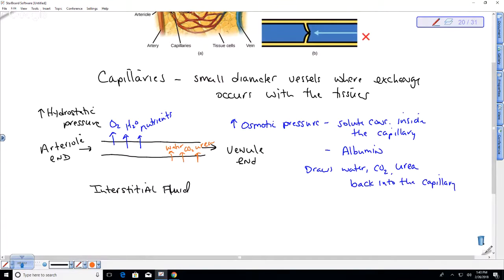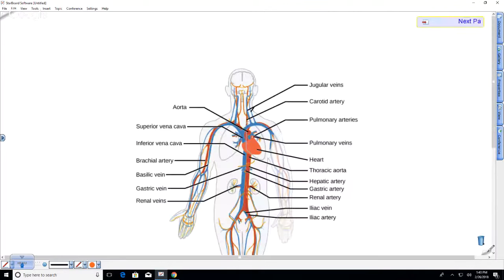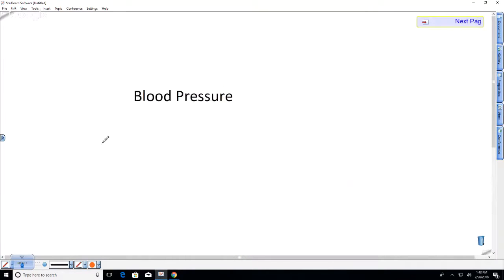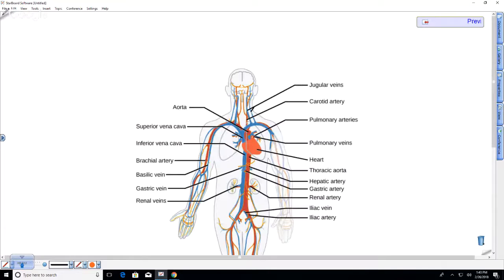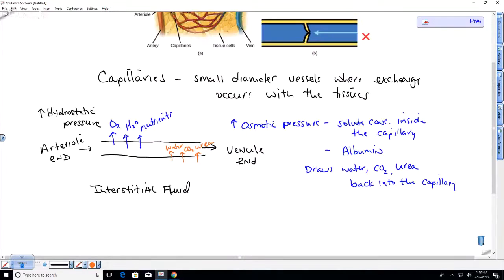So what happens if things do not get picked up? I'm going to write it down because we have talked about it. I'll write it in green. So the lymphatic system. We talked about the lymphatic system when we were talking about elephantiasis and the nematode infection that you can get where the adults reside in the lymphatic system.